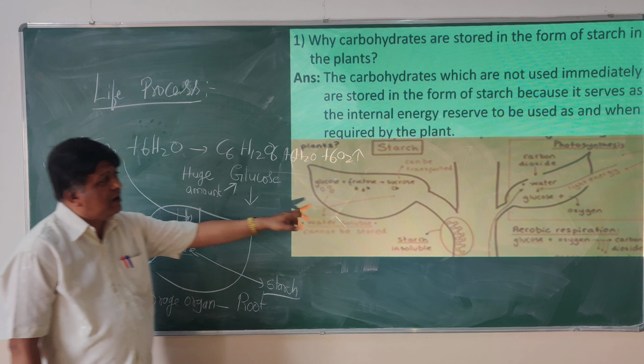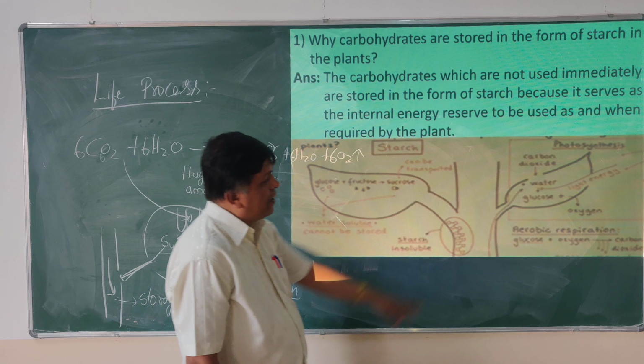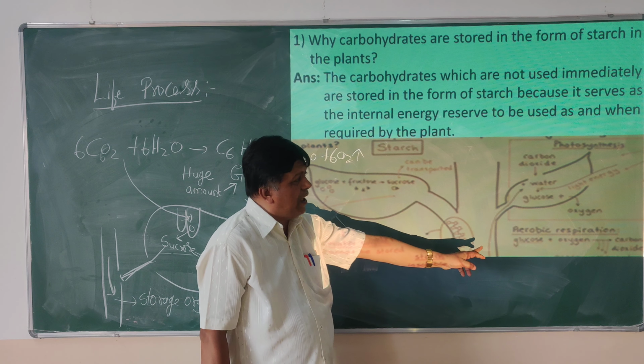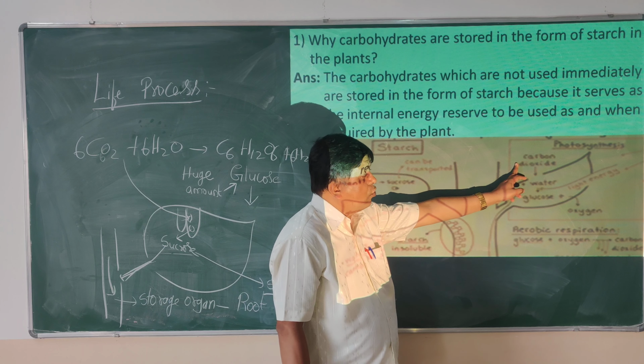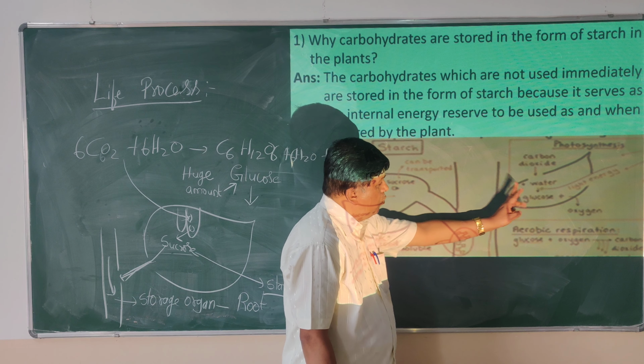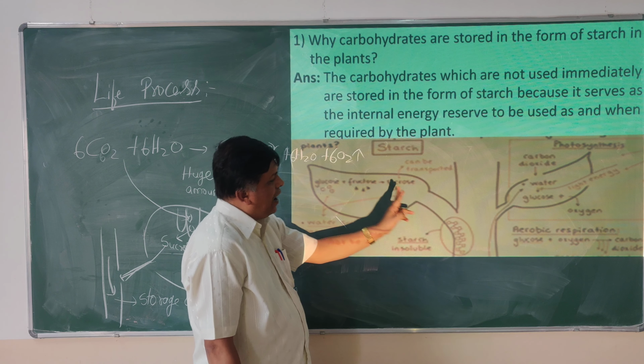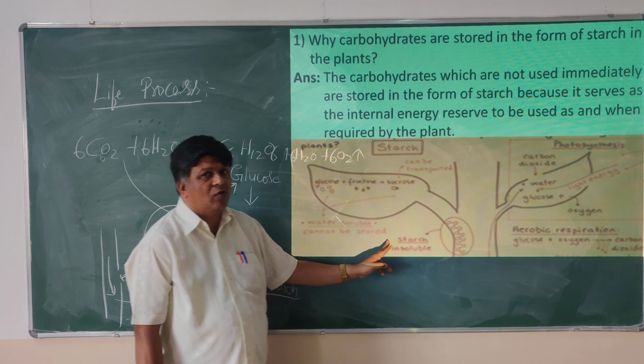This is depicted in the diagram. You can see here what happens in this part of the diagram. You are seeing photosynthesis where glucose is prepared, and this glucose is converted into sucrose, ultimately into starch, and it is stored.